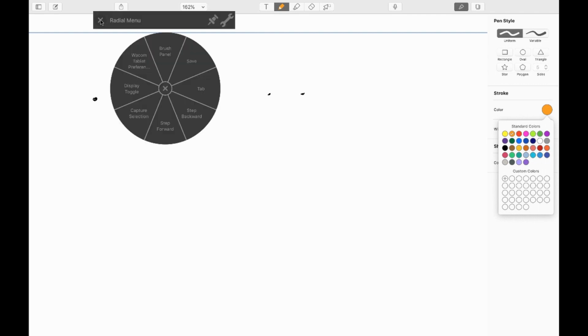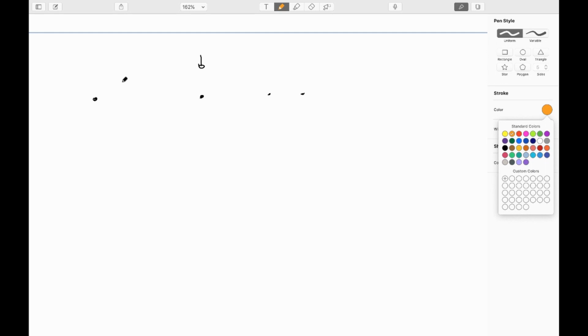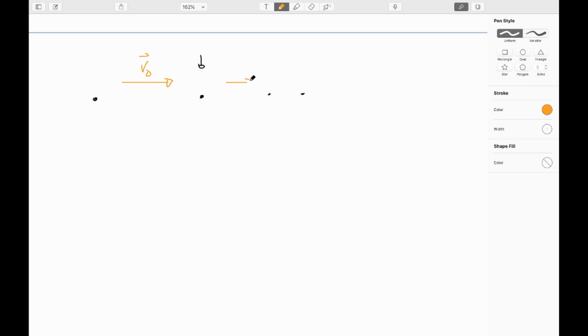The velocity in this interval is going to look something like this. So we'll say that's my v naught, and in this interval it will look something like that. So we'll say that's my v. These are the velocities at the times flanking the time I care about.